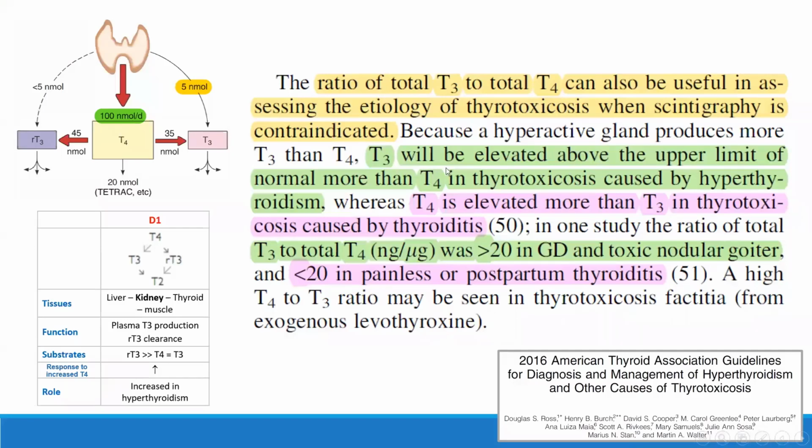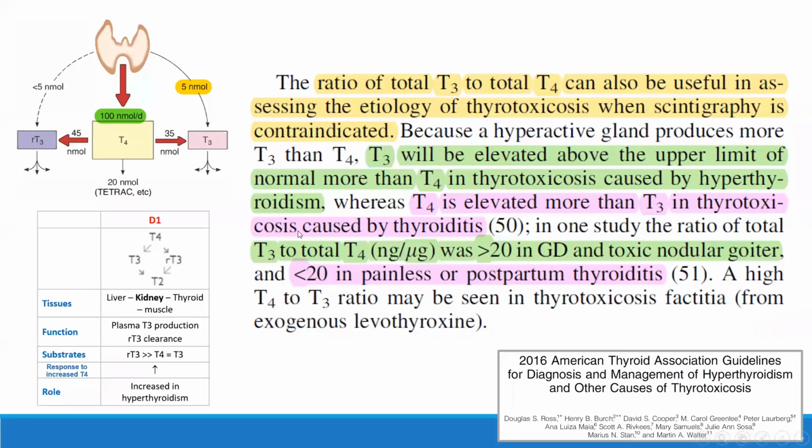So T3 will be elevated above the upper limit of normal more than T4 in thyrotoxicosis caused by hyperthyroidism, in Graves' disease, in toxic adenoma. This is very important.